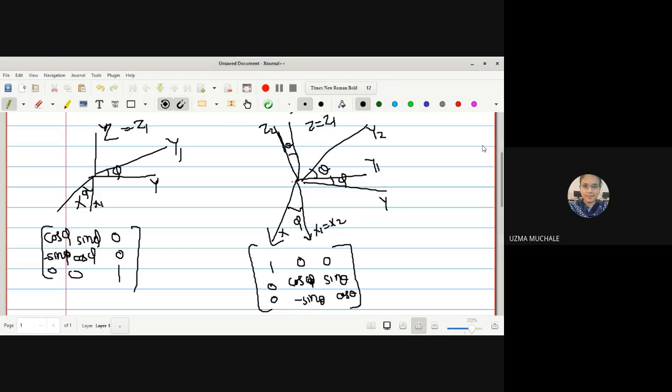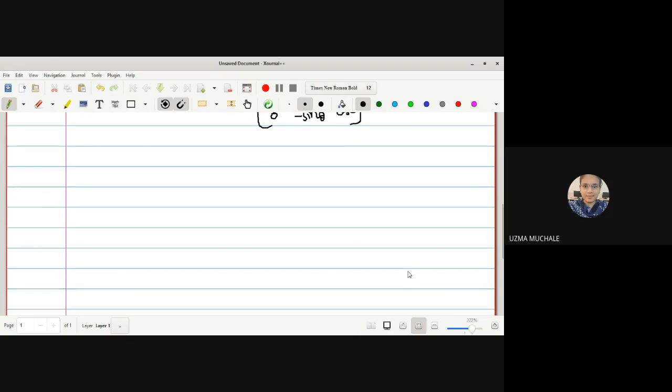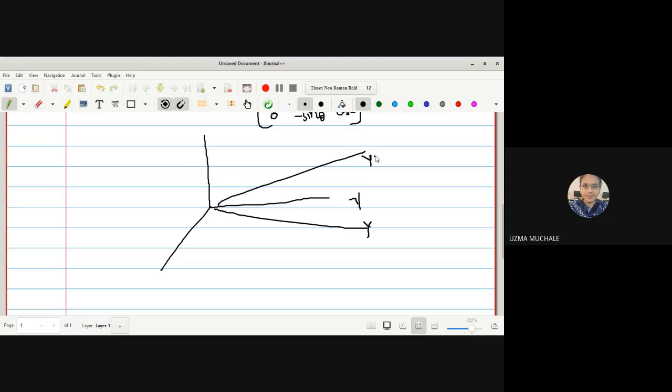If you fix z2, we have this as our y-axis, this is y1, this is y2, say this is y3, and here we have z is equal to z1.